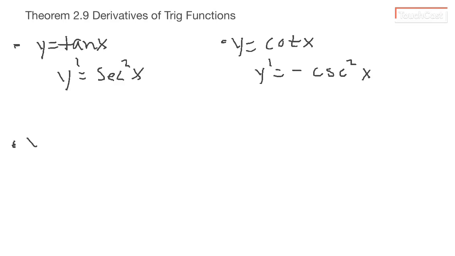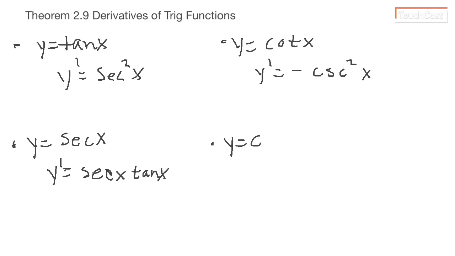If we have y equals secant x, the derivative of that will be secant x times tangent x. And if we've got y equals cosecant x, the derivative will be the negative cosecant of x times the cotangent of x. So we're going to use those in our next example.